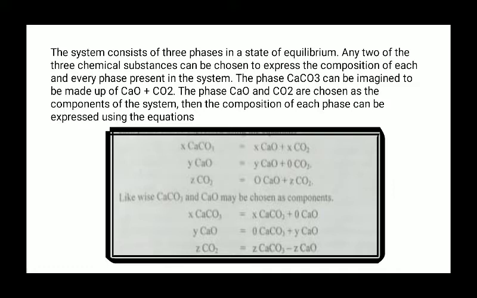Any two of the three chemical substances can be chosen to express the composition of each and every phase present in the system. The phase calcium carbonate can be imagined to be made up of calcium oxide and carbon dioxide. Calcium oxide and carbon dioxide are chosen as the components of the system. Then the composition of each phase may be expressed with the help of these equations.